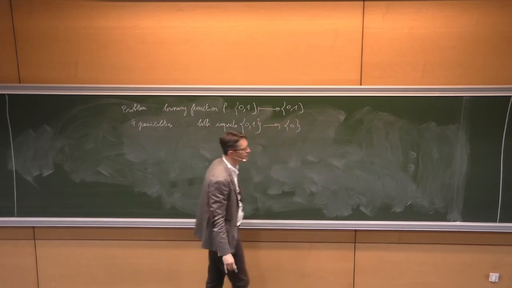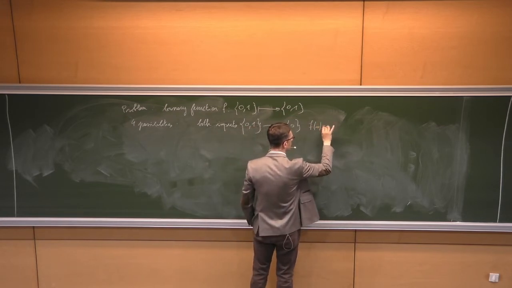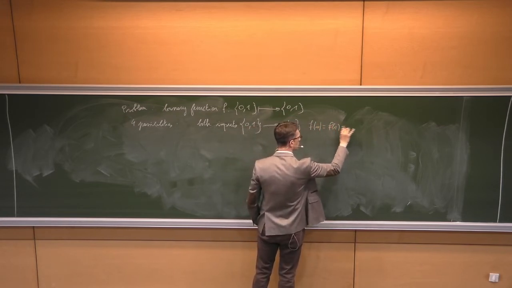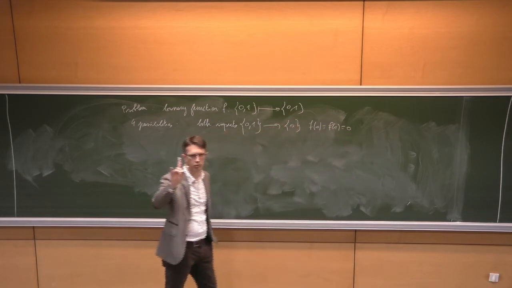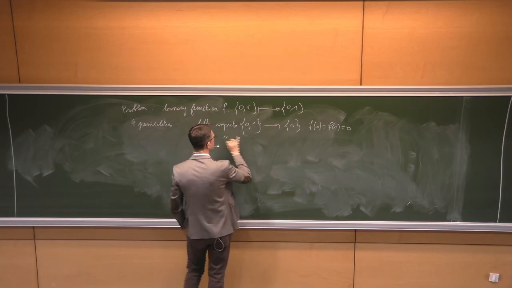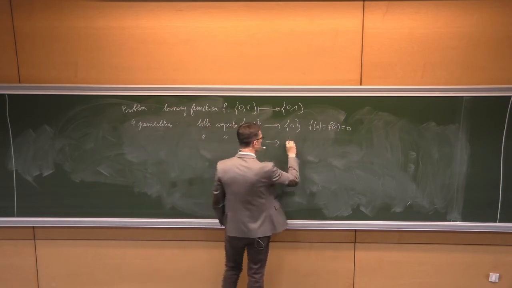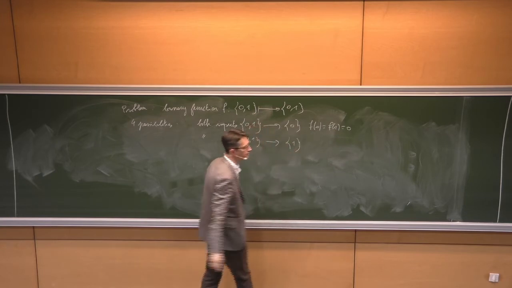That means that f0 equals f1, and it's 0. So that's one possibility. Second possibility is that both inputs 0, 1 give me 1.